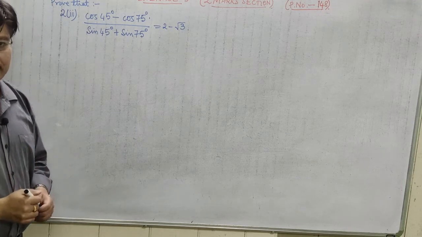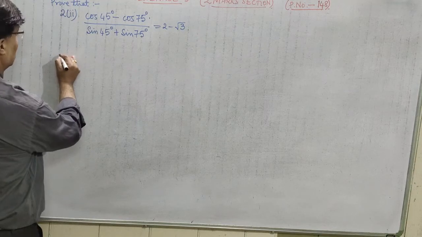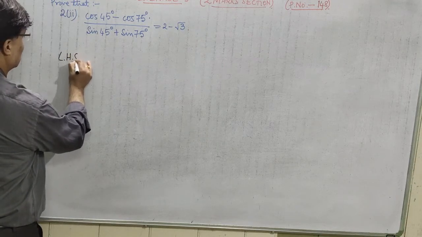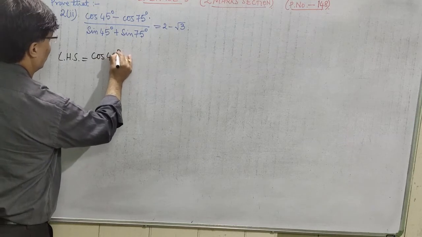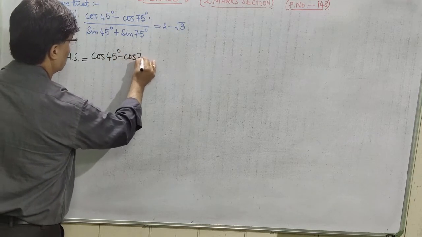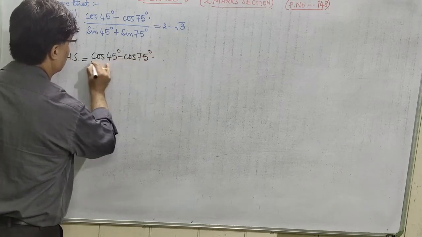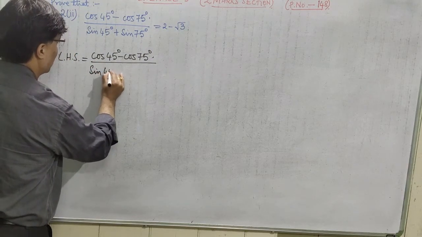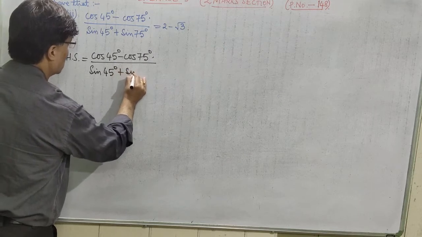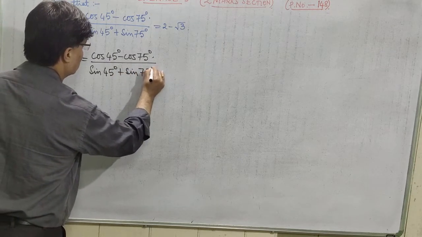So let us prove LHS is equal to RHS here also. Let us write LHS first, which is equal to cos 45 degree minus cos 75 degree divided by sine 45 degree plus sine 75 degree.